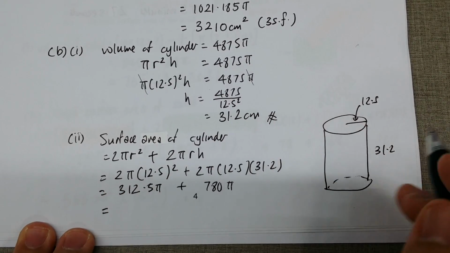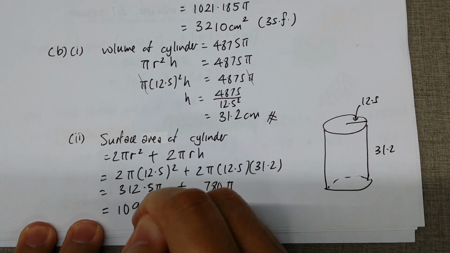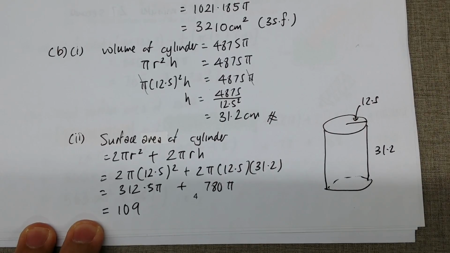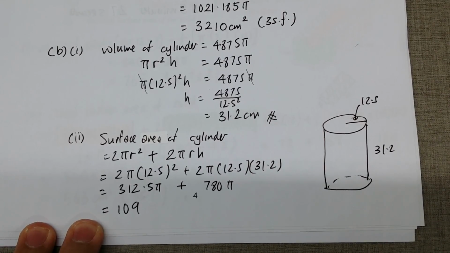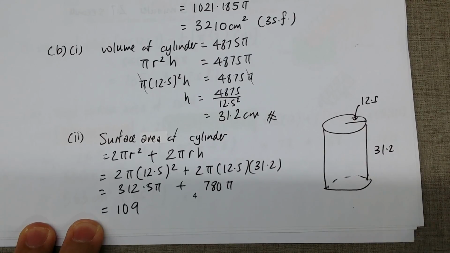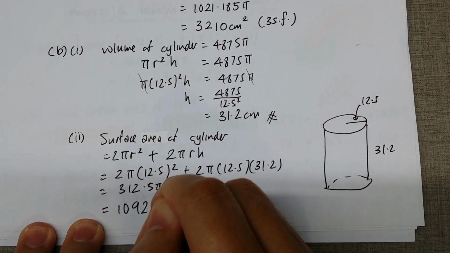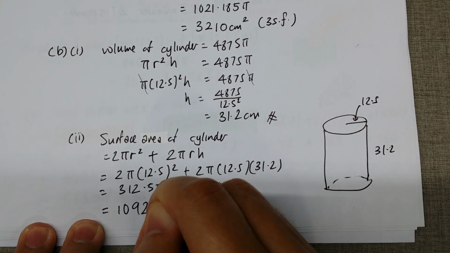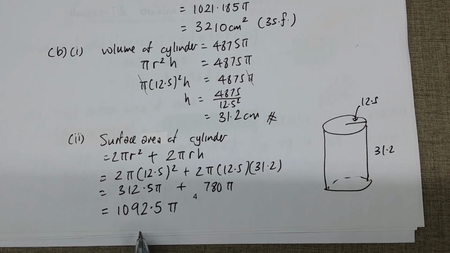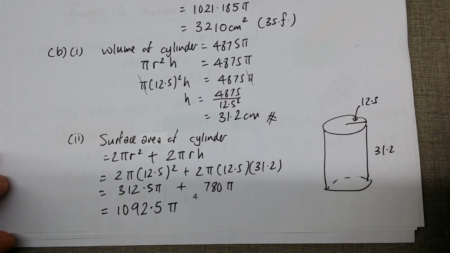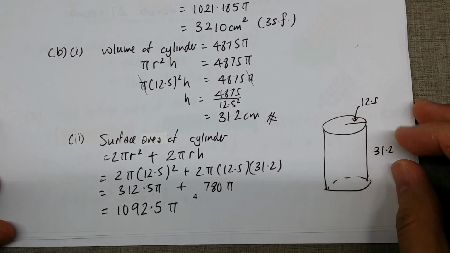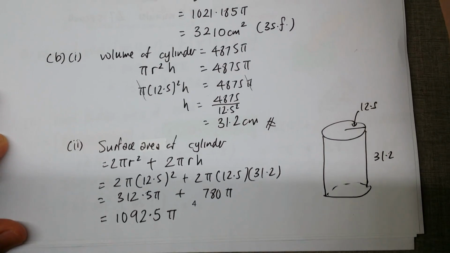They want in terms of pi, so it's 1092.5 pi. Don't round to specific because they want exactly in terms of pi. Clear? Pause the video if you need more time. If not, let's proceed on to the next question.